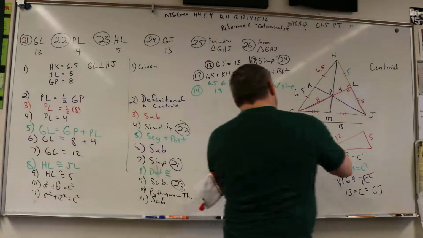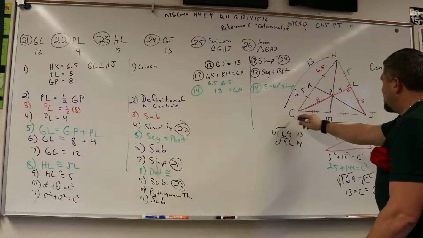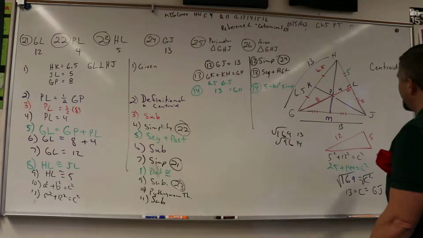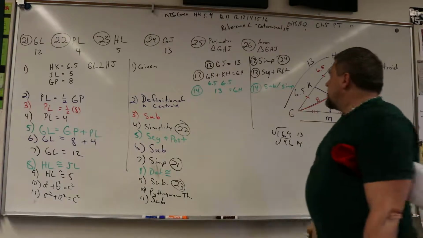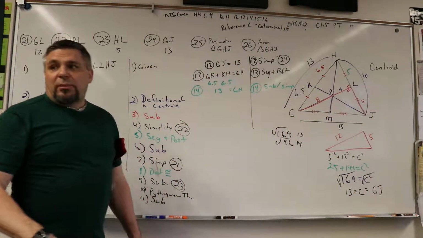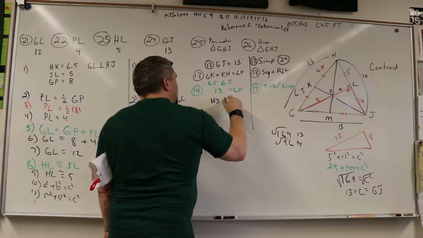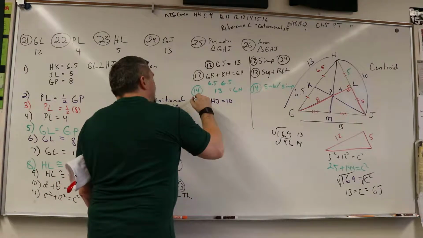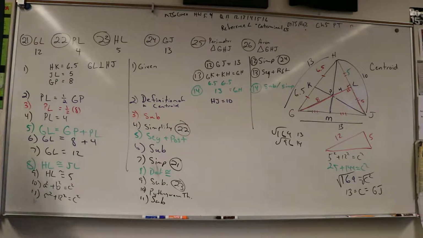So I know this is 13. So they're all going to be 13. Are they? How much is this? Oh, never mind, that's 10. Oh, that's 10. Okay. Well, that's important. So HJ is 10. So HJ equals 10, right? And that's important. Did we already find that? Yeah. No? We found 5 for HL.